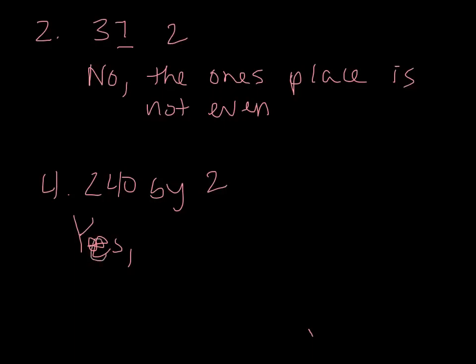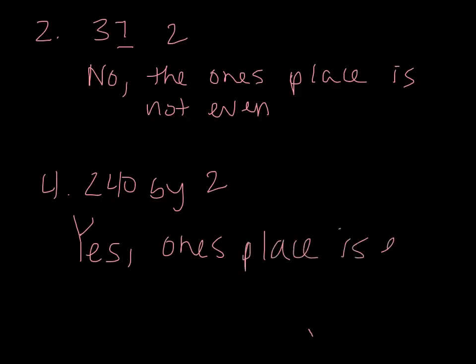Yes, oh my gosh, that's terrible. Yes, ones place is even. Okay, even though it's a 0 and you're going to think, well, that's not even, it really is an even number because 40 is even, so yes, it is divisible by 2.